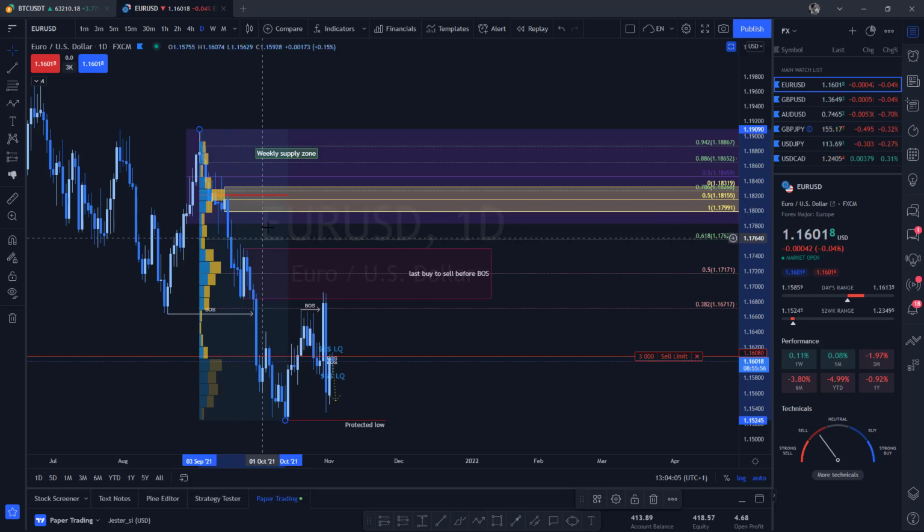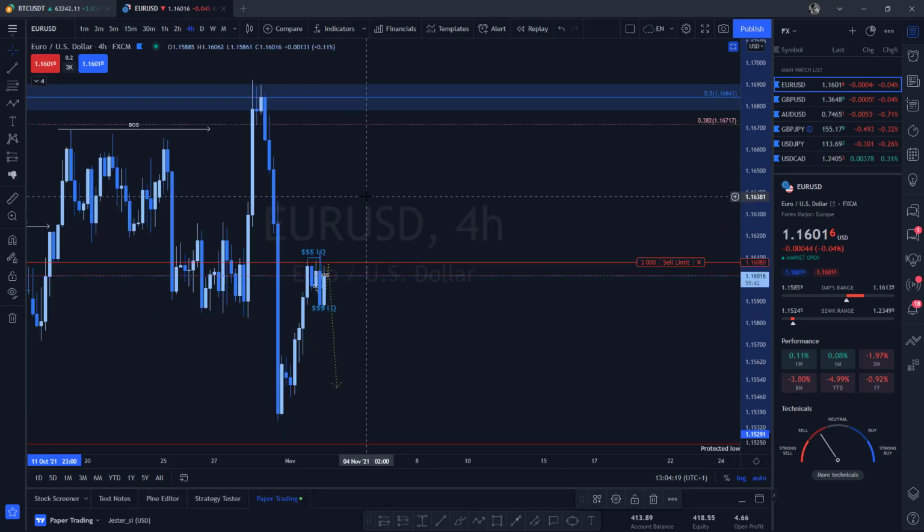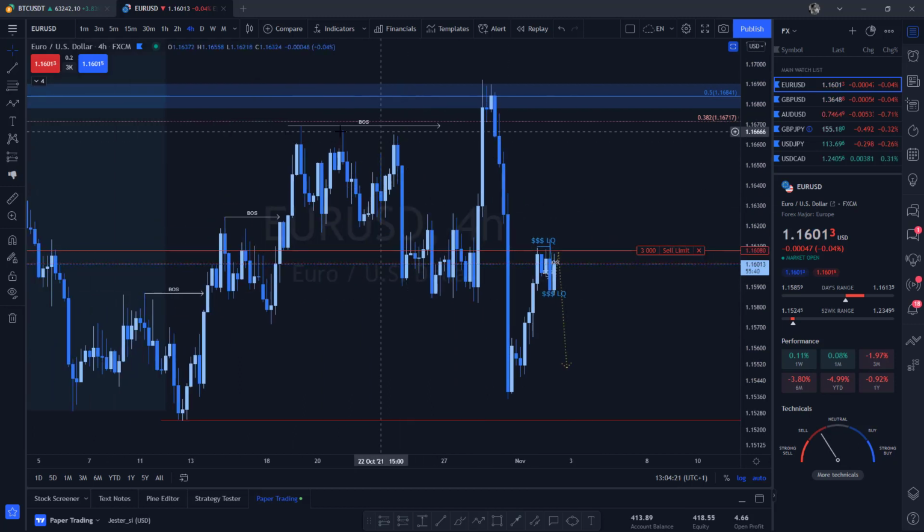There is still some imbalance left open on the daily, and there was this break of structure here. Last week and at the end of the month, it was very interesting to see what the price did. There were almost equal highs up here, a slight trend line, so lower highs.